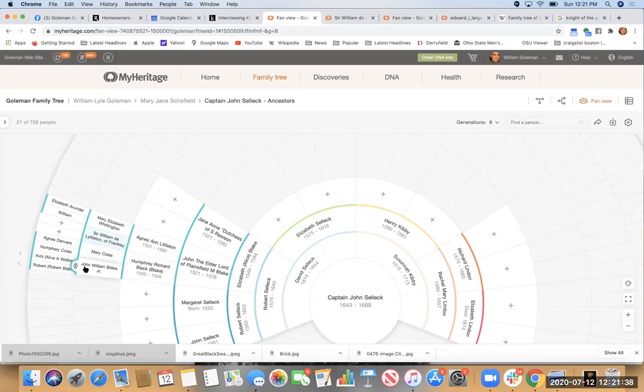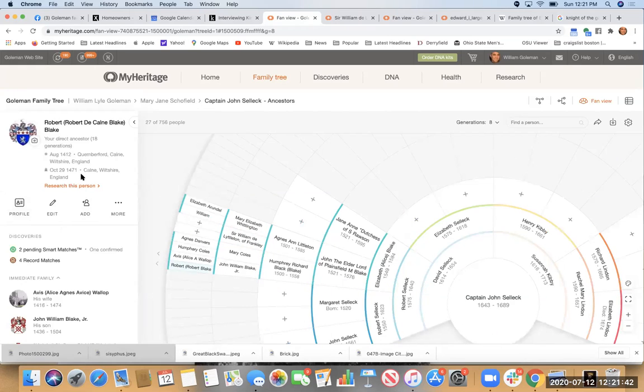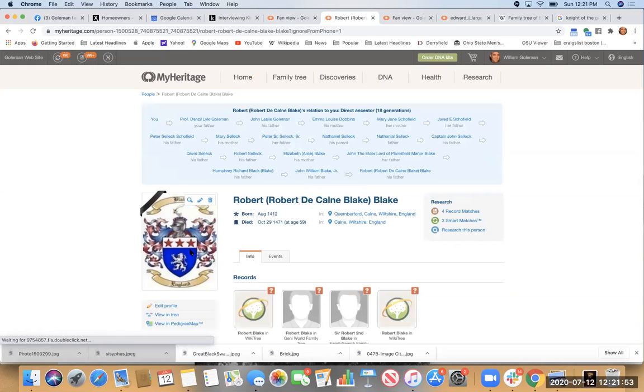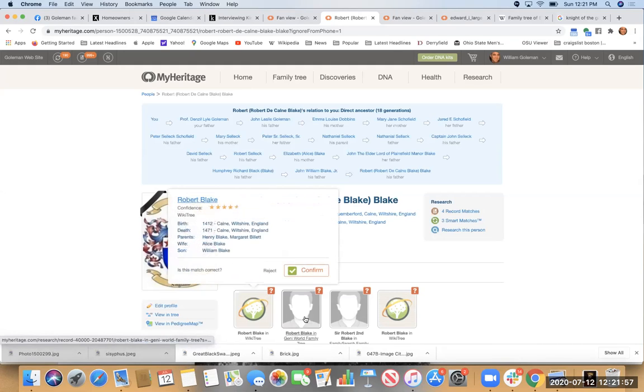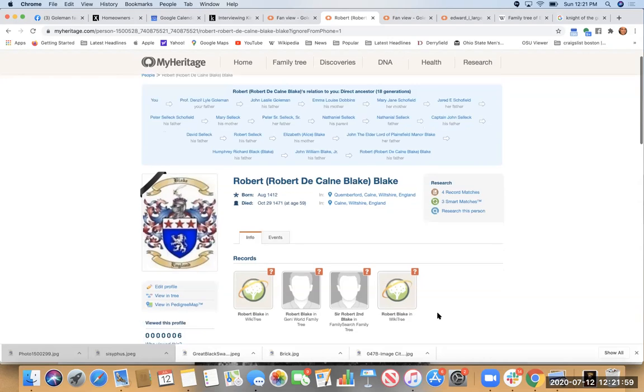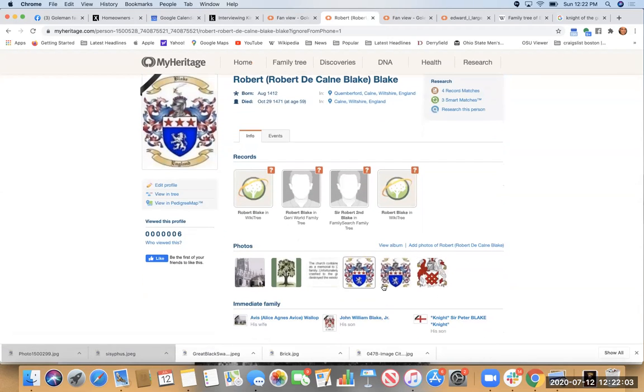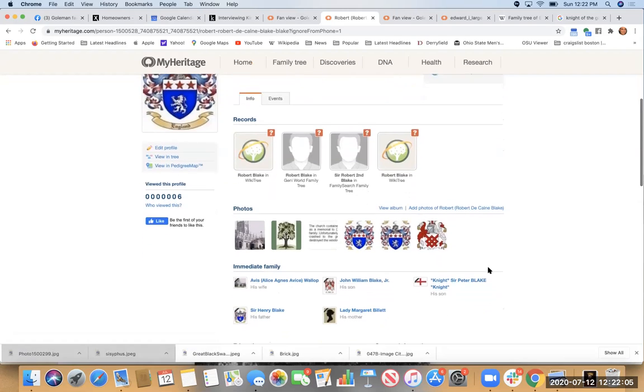So the other thing was there's a couple other knights here on the Blake side. Oh, and this one, Robert DeCane Blake. He's the first one where I had actually seen a crest. And you can see there's also articles now about this guy where there's a lot of information about his family and his history.